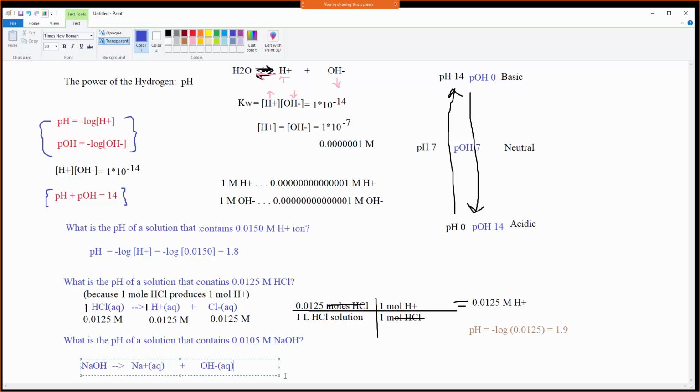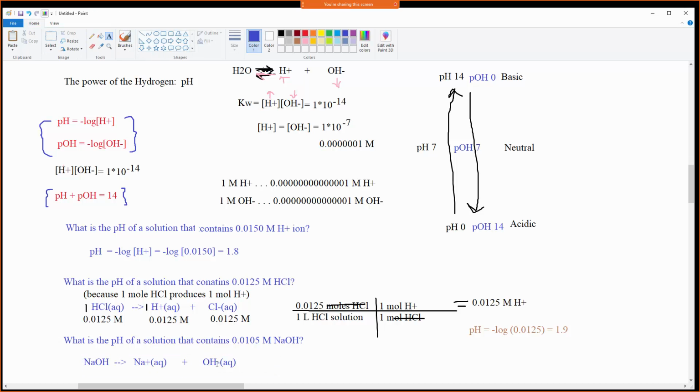Does it dissociate completely? Oh, Erica, you're on top of it. Sarah, you guys know exactly what to do. Yeah, we're still going to play like we did up here. It's just at the end, as you are anticipating, we're going to have to find the pOH and then subtract that from 14 to get the pH. Okay, you guys have got this.